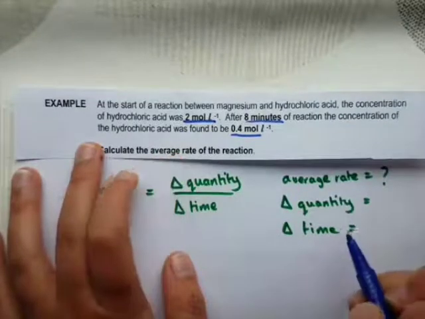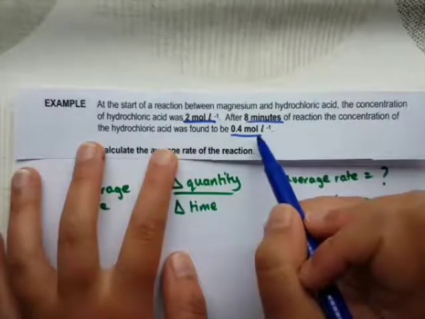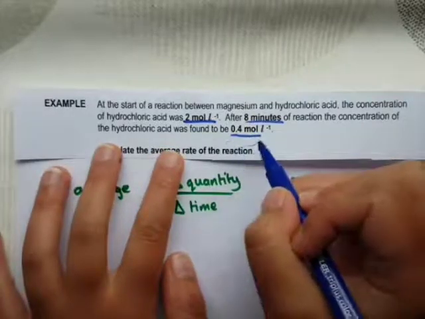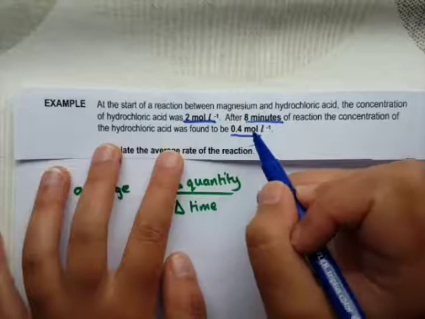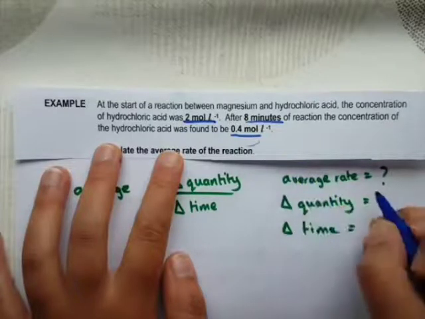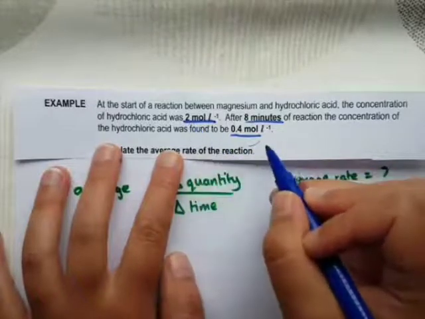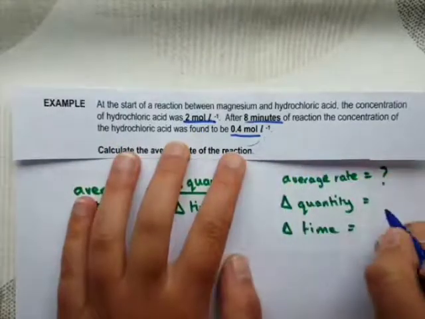So I should know that moles per litre is a measure of concentration and therefore a measure of the quantity, the number of particles that we have. So our change in quantity, it was 2 moles at the start, and then it was 0.4 moles per litre at the end.